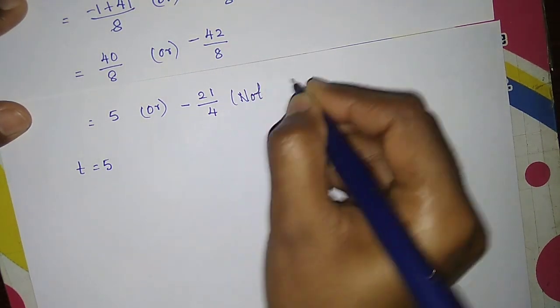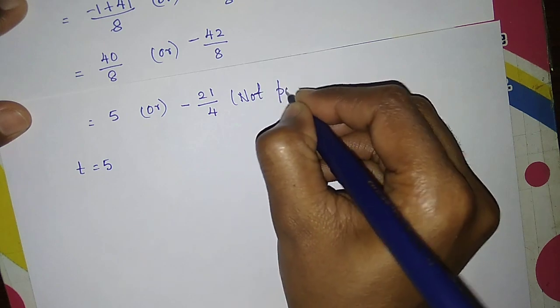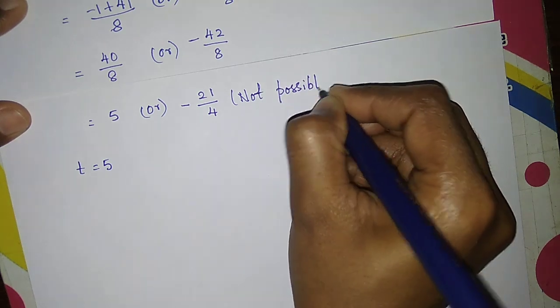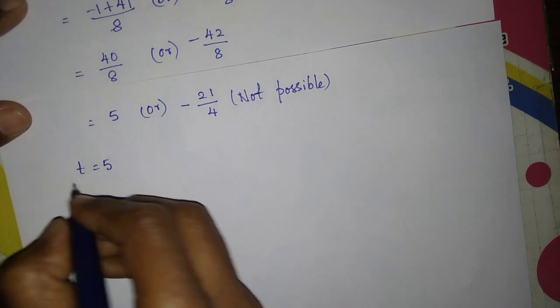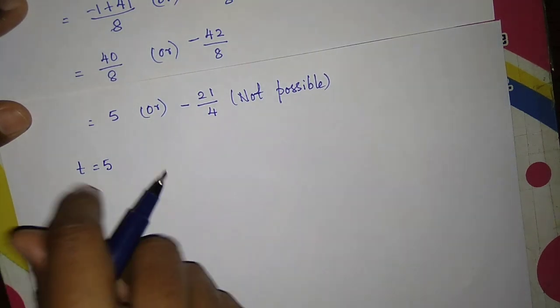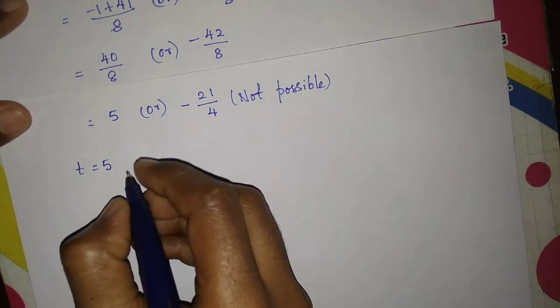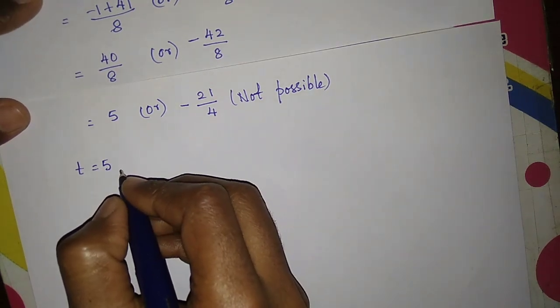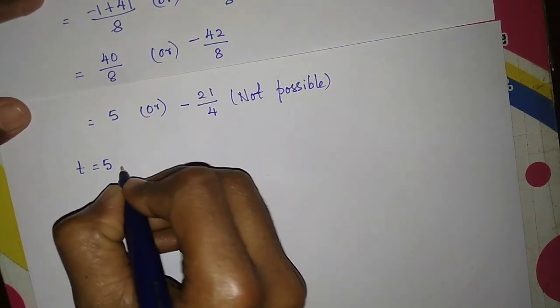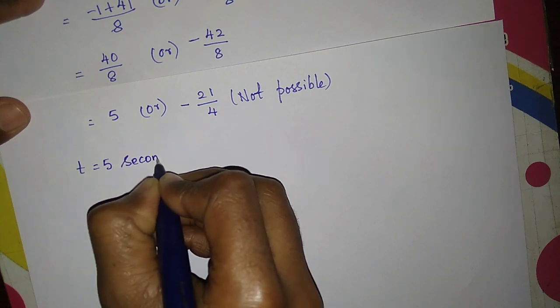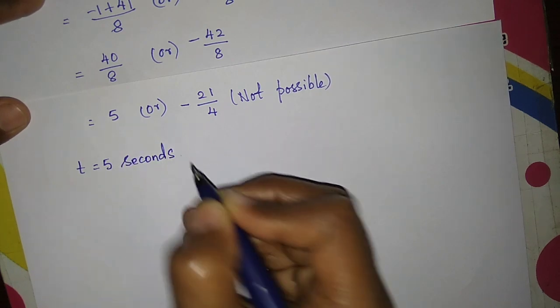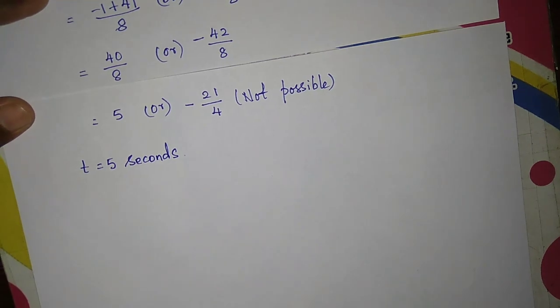So this answer is not possible because this is a negative number. So t is equal to 5 is the solution for this quadratic equation, and we can conclude that t is equal to 5 seconds is the time required by the stone to complete 420 meters.